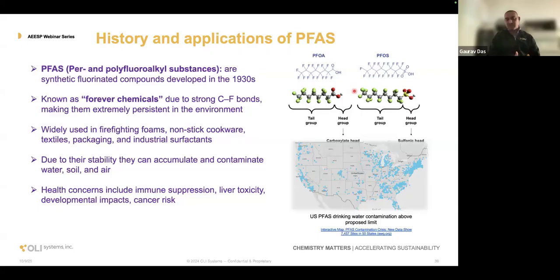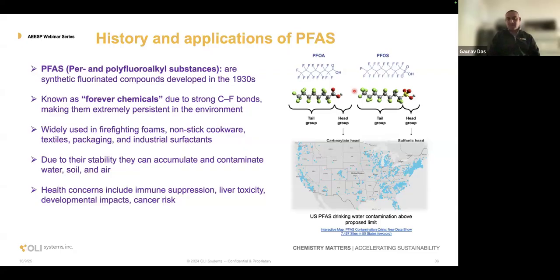The key of these PFAS, which are per- and polyfluoroalkyl substances, is the bond between the carbon and fluorine. The bond is so strong, it becomes indestructible, and it is persistent in the environment.